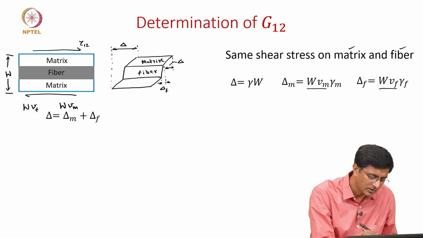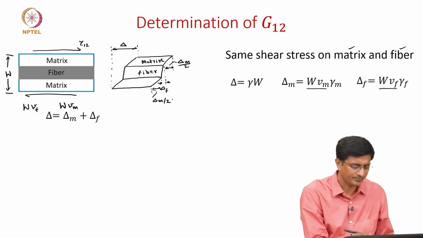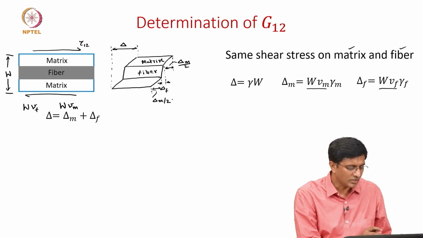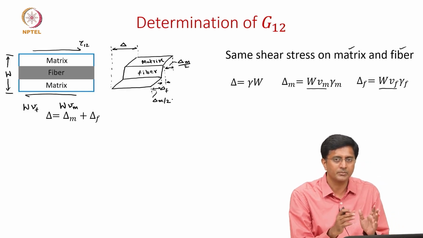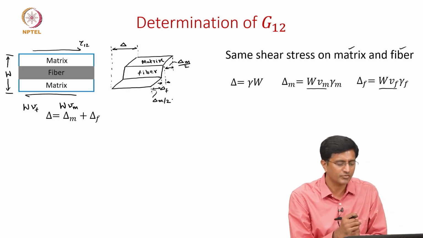So this is delta M by 2, because there is another delta M by 2. Basically, delta is partially from the matrix and partially from the fiber.